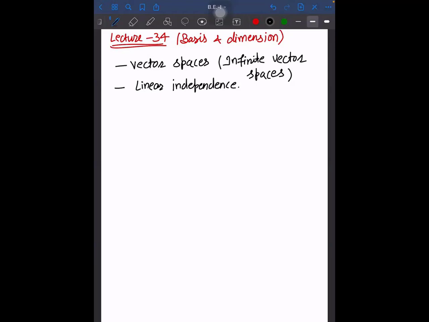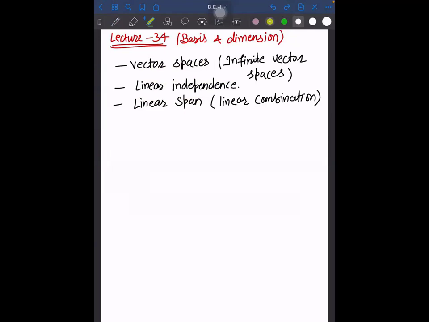And also we have done the linear span or linear combinations. Right. So now what we're going to do, we'll be using these three concepts and try to find a new set, right? And that set is called the basis, right?